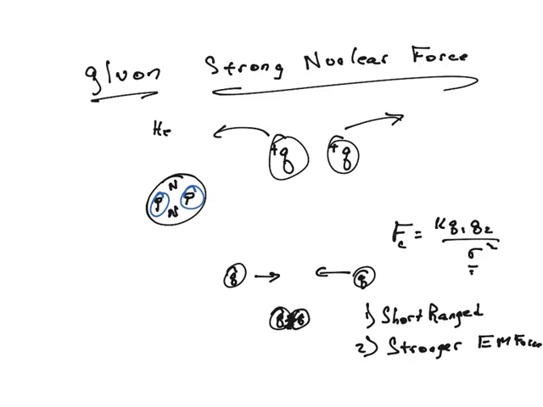But what happens when we get a really, really big nucleus? Notice if we have a big element, maybe atomic number 50 or 60 or something. Well, now we have a nucleus with a bunch of protons all over the place, and let's say a bunch of neutrons too.